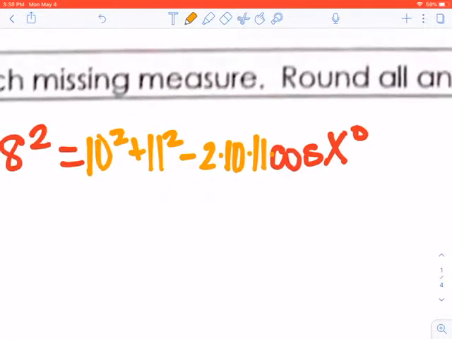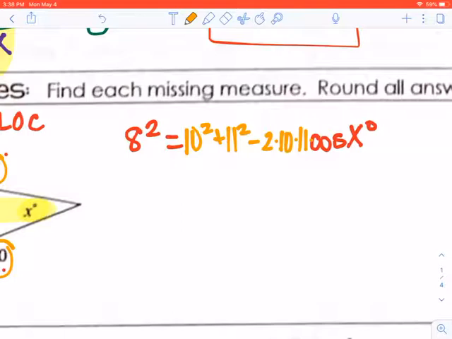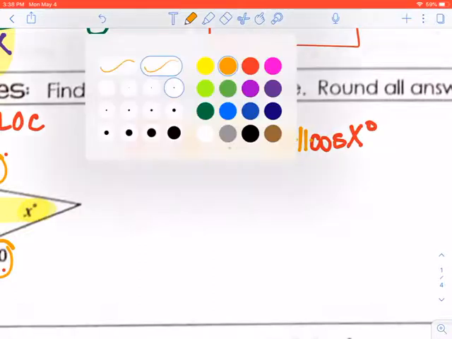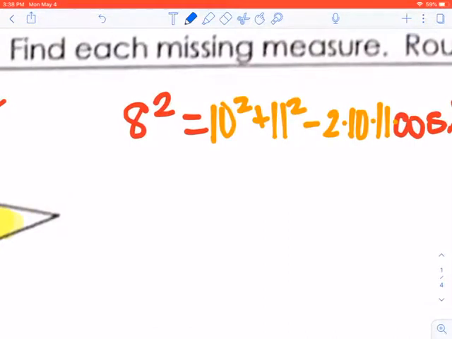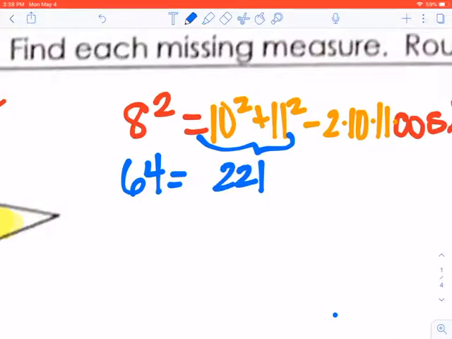Okay. All right, so it doesn't seem so bad, but I'm going to tell you this is where everyone makes their mistakes on the math part of this. We have to work it out. It doesn't always just work out so nice. So 8 squared is 64, okay? 10 squared plus 11 squared, if we add those together, is 221.